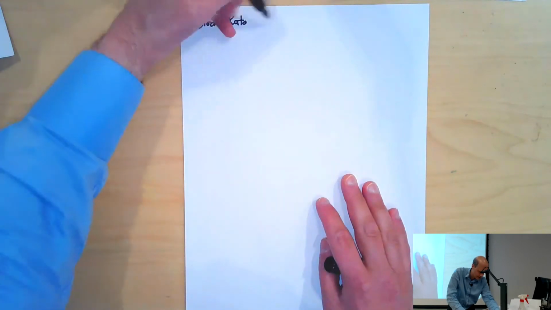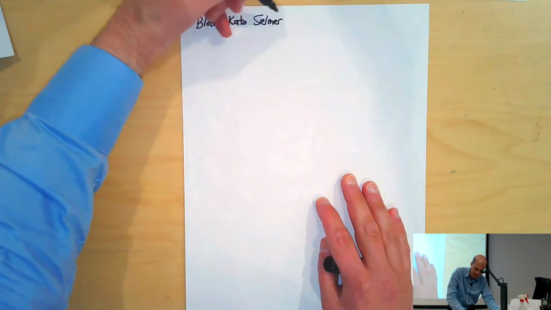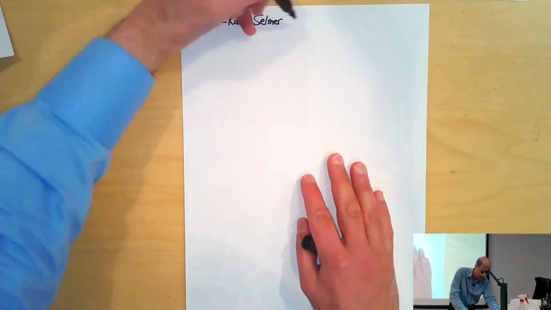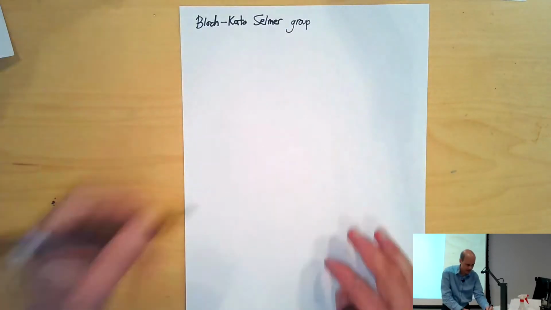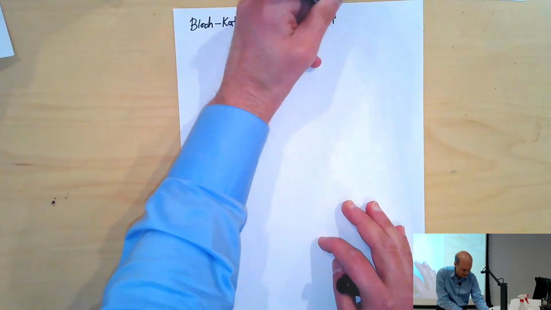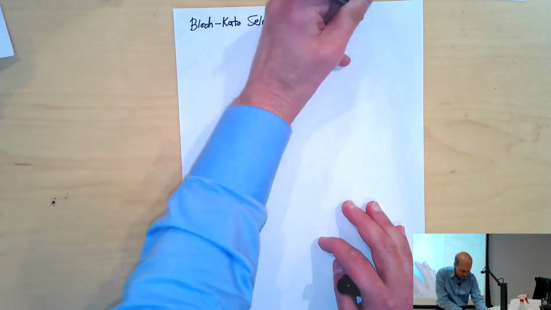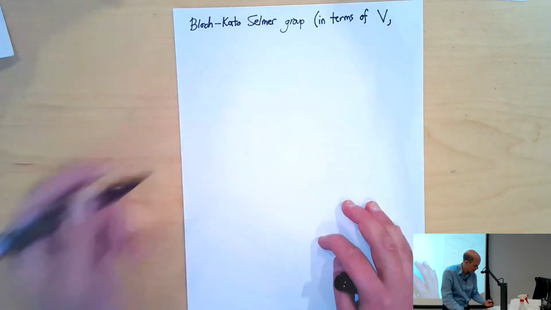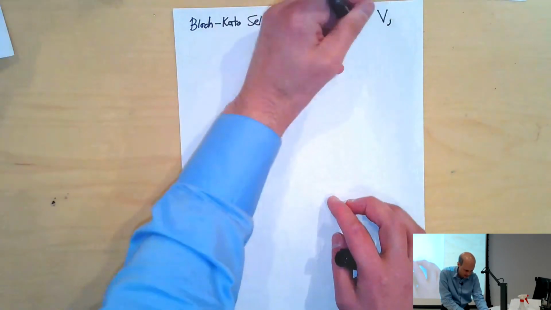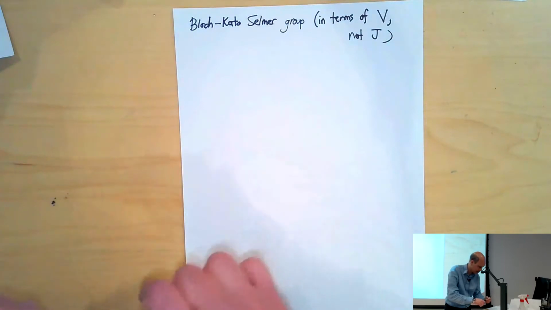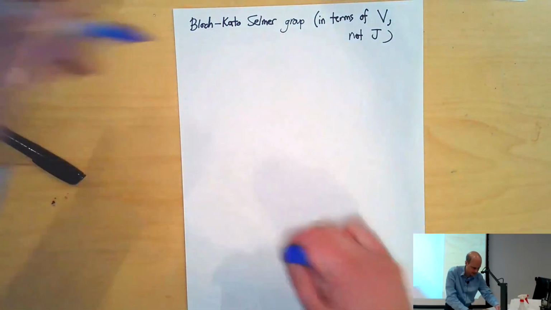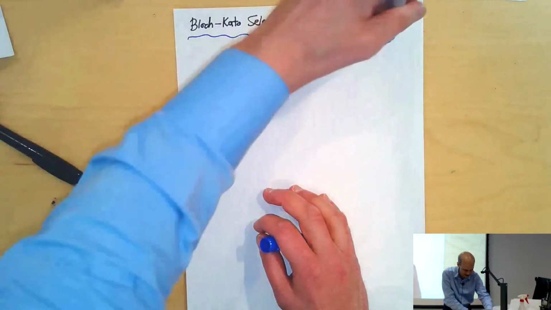This is an alternative way of defining this Q_p Selmer group that does not actually use J. It's going to be solely in terms of V, not J. This is like the section title.